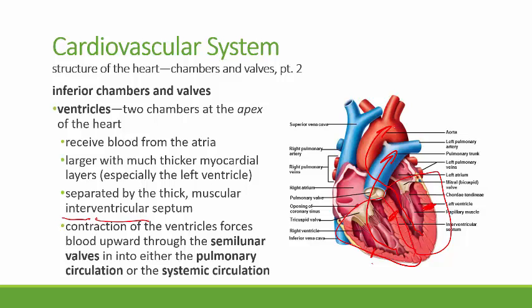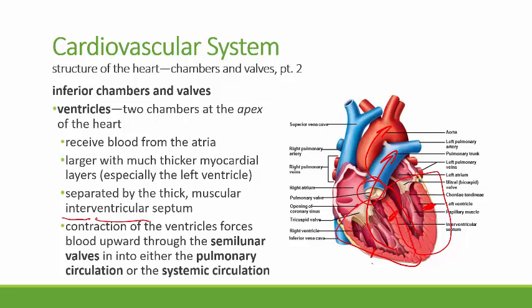We have to get a slice that's a little bit more to the posterior of this particular slice. But there is an aortic semilunar valve and a pulmonary semilunar valve. Here's the pulmonary semilunar valve that allows blood into the pulmonary trunk or into the aorta.